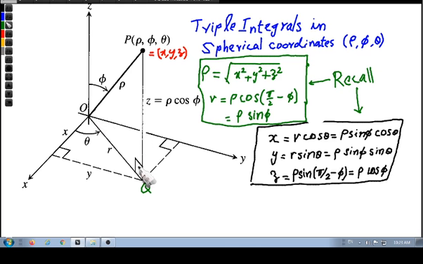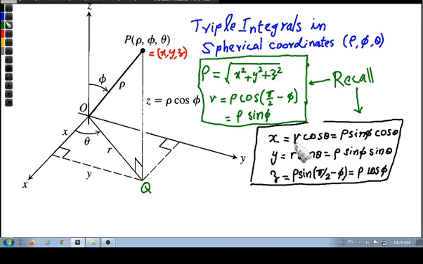Look at this right angle triangle OQP. Since this angle is phi, this angle will be pi by 2 minus phi. So cos pi by 2 minus phi is adjacent side r divided by hypotenuse rho. Therefore r is equal to rho cos pi by 2 minus phi. So it is rho sin phi.